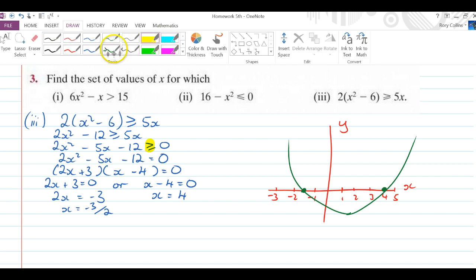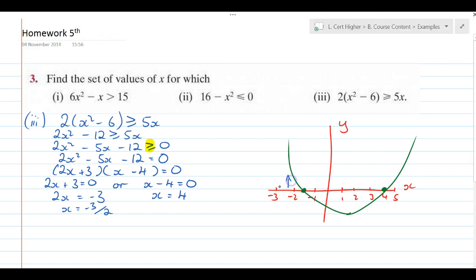Well, if we look across our graph, these values of x here and these values of x all along here and so on will make the inequality greater than or equal to 0, giving the solution as x can be less than or equal to minus 3/2 and x can be greater than or equal to 4.